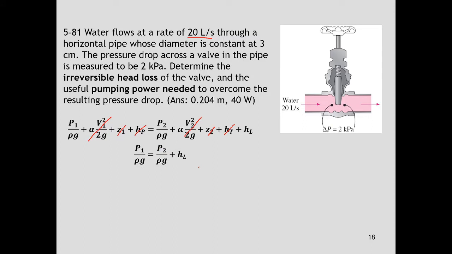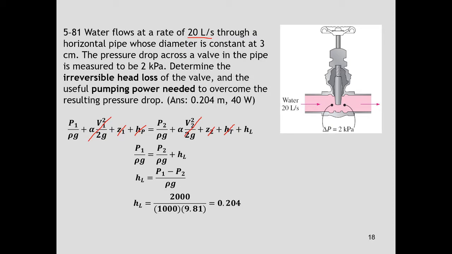So the equation becomes P1 over ρg equal to P2 over ρg plus HL, or HL is equal to P1 minus P2 over ρg. The value for P1 minus P2 is 2 kilopascal or 2000 pascal. Density is 1000, g is 9.81. So you get HL equal to 0.204.